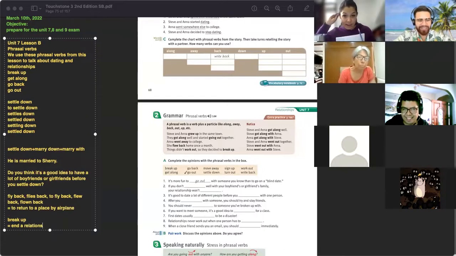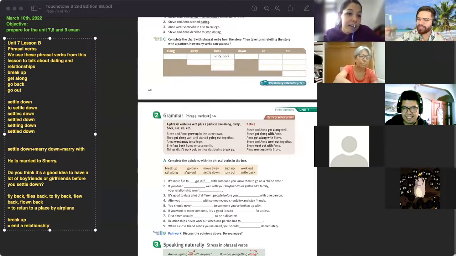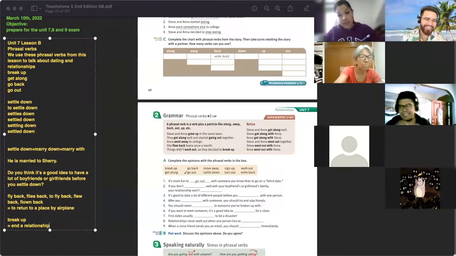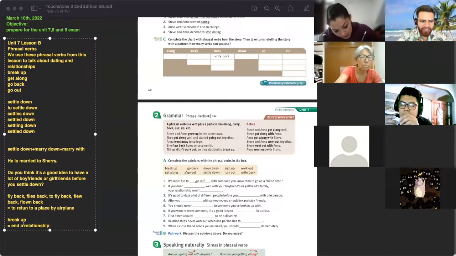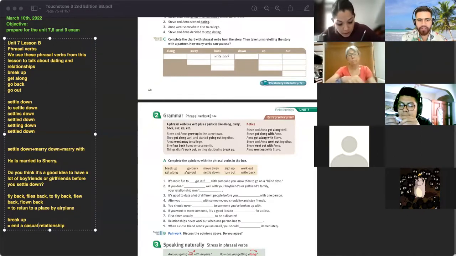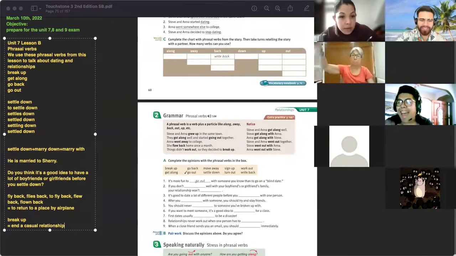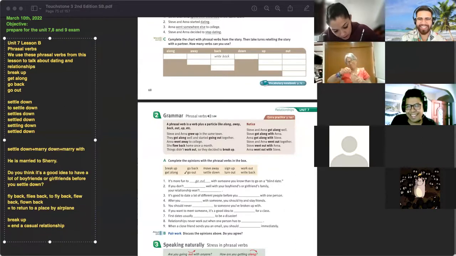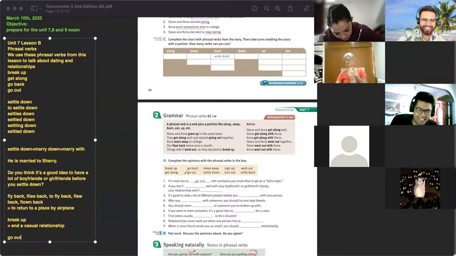Romper is break, for example, I broke my glass. And break up is to end a relationship. Well, a casual relationship, because if it's a marriage, that's not breakup, that is divorce. It's more serious, okay? More expensive. Yeah, I know.